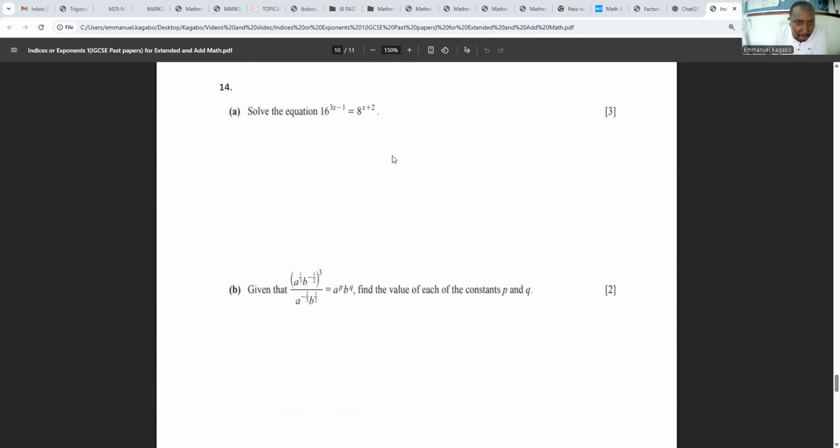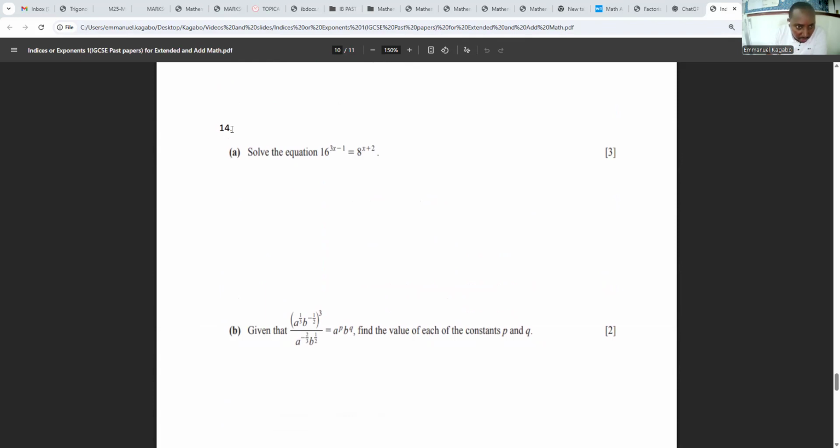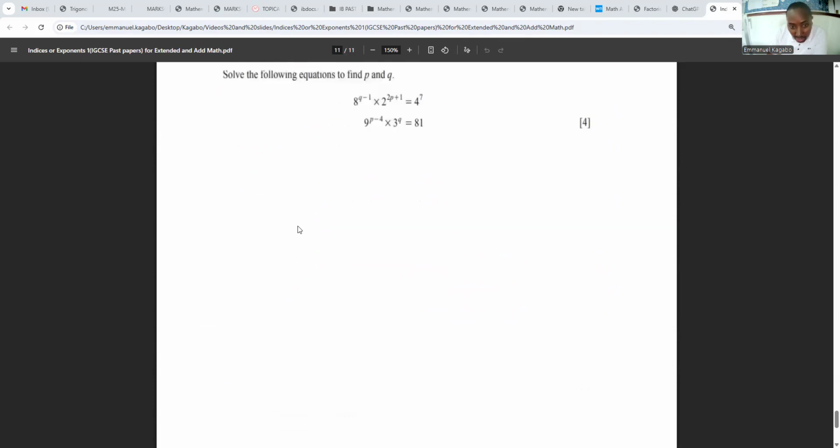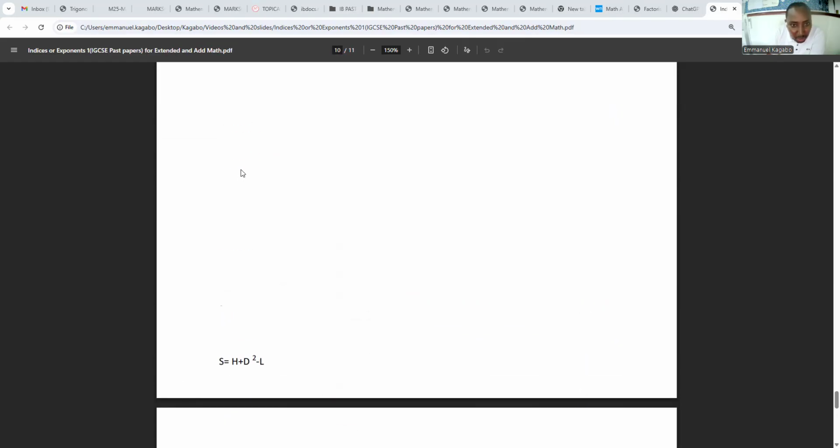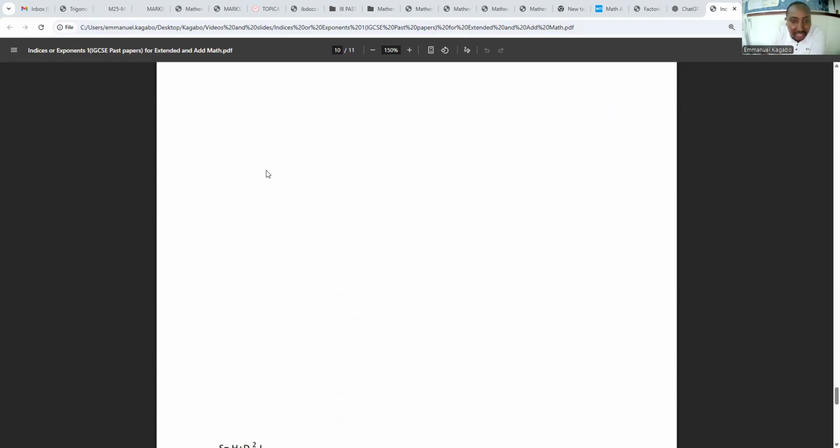If you are doing extended mathematics, you can stop on question 14, but it's better you stretch yourself. But if you're doing additional math, question 15 is amazing. Wow, I like the question. One more time, you're welcome to EK Math, where the beauty and love of mathematics come together and create success in exams and in real life.